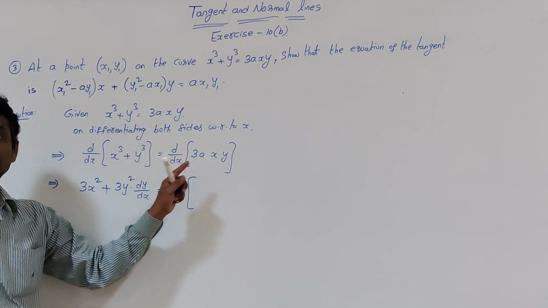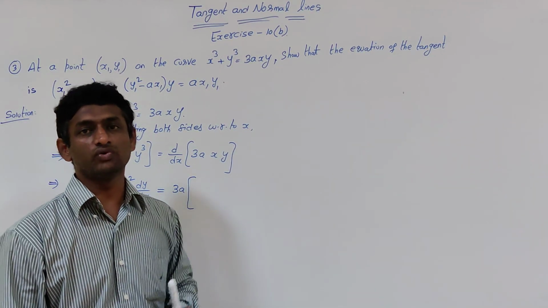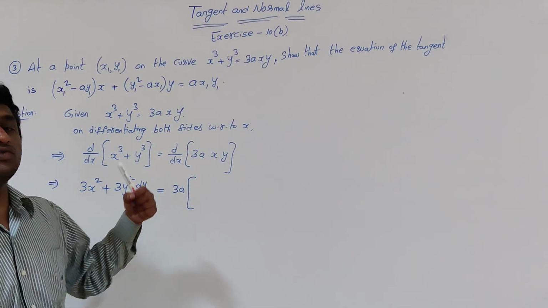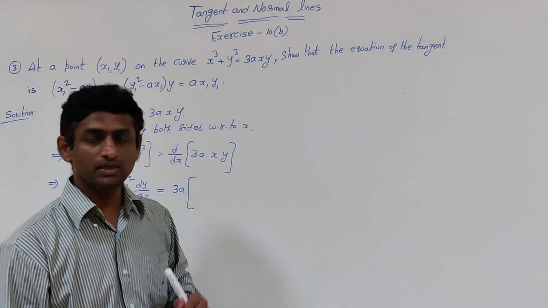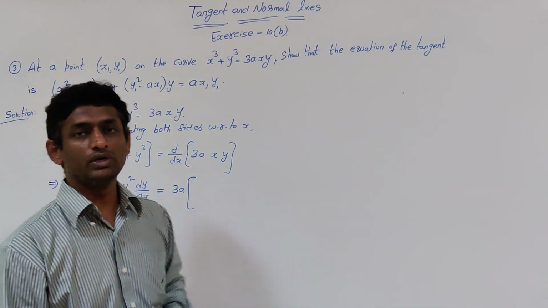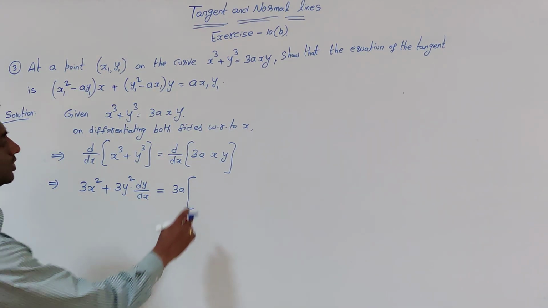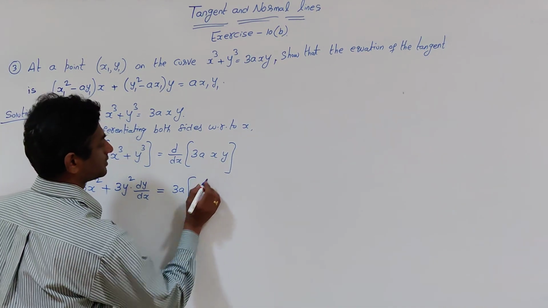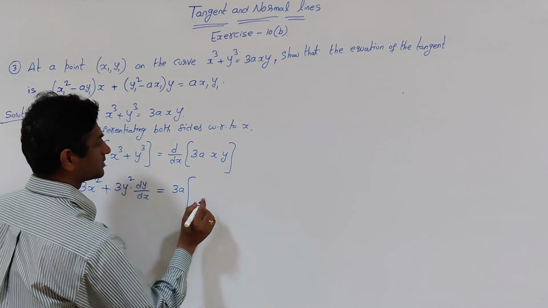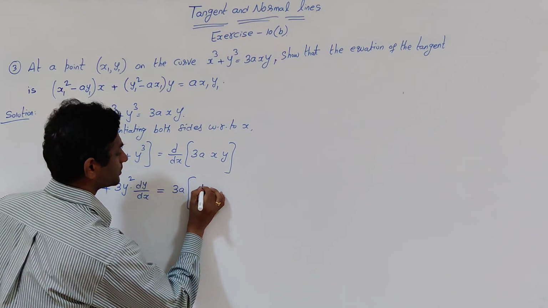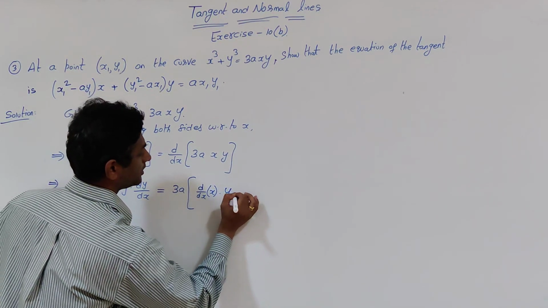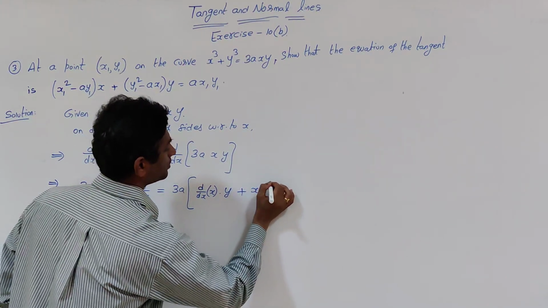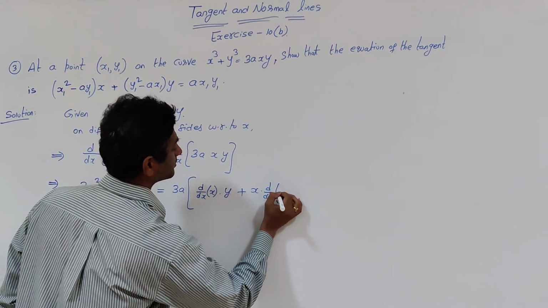Now we have to apply the derivative of x into y. What is the derivative of u into v? It is du by dx into v plus u into dv by dx. So the derivative of x, keeping y fixed, is d by dx of x into y plus x into d by dx of y.